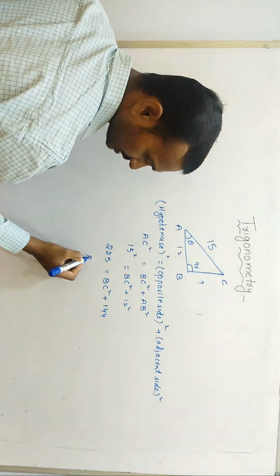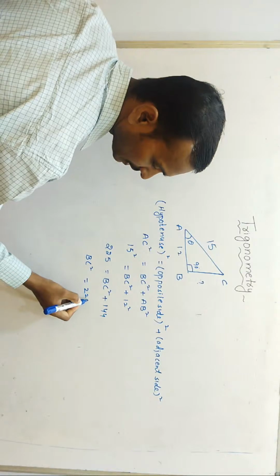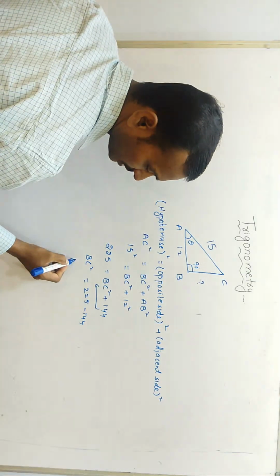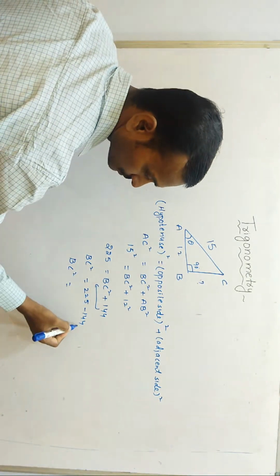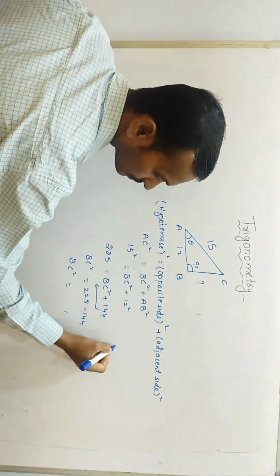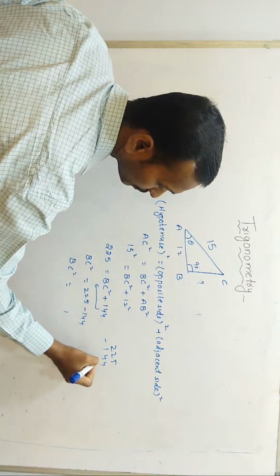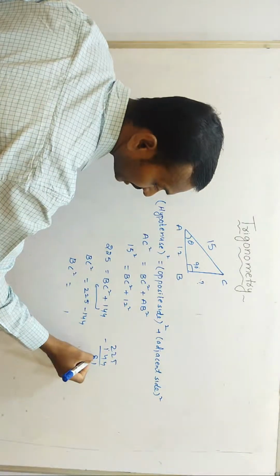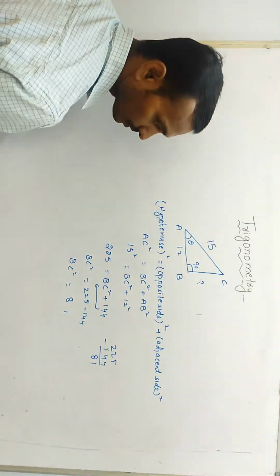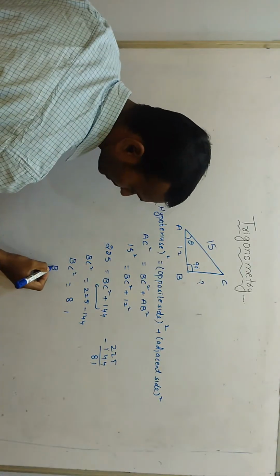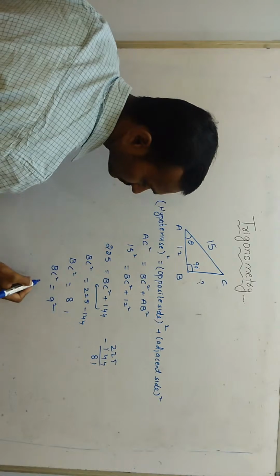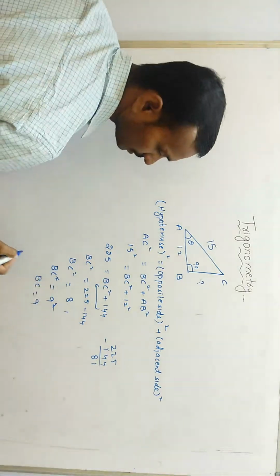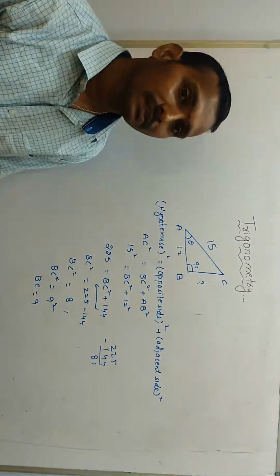So BC square is 225 minus 144, bringing 144 to the left. Subtracting, 225 minus 144 gives 81. So BC square is equal to 9 square. The squares cancel on both sides. BC value is 9.